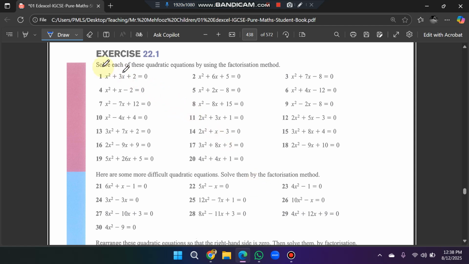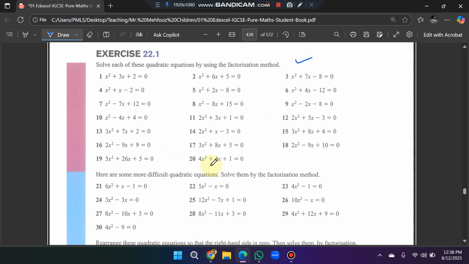Next is exercise 22.1. In this case, solve each of the quadratic equations by using the factorization method. So in all these 20 questions, we have quadratic equations in which all the terms are given: the term involving x square, the term involving x, and the constant term. So we have to factorize these by using the factorization method.